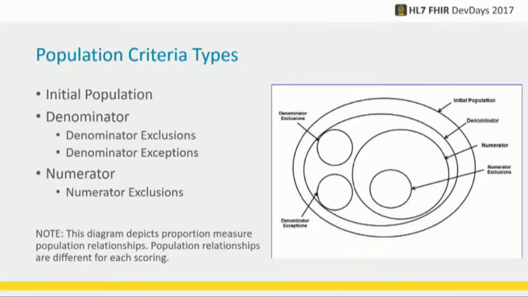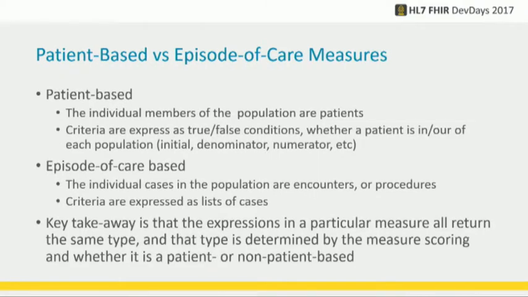So another important distinction is patient-based versus episode of care-based. Your initial cohort might be all of the patients, but what you're actually counting in the measure may actually be encounters or procedures.